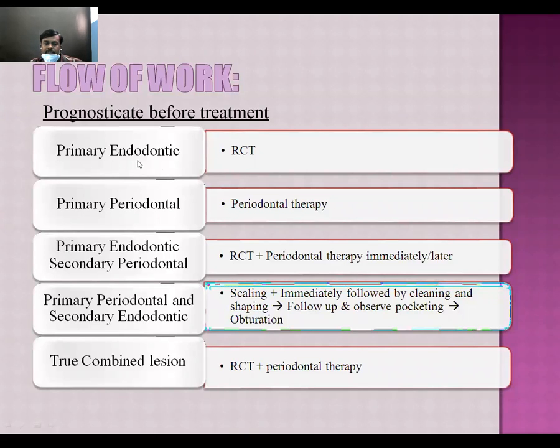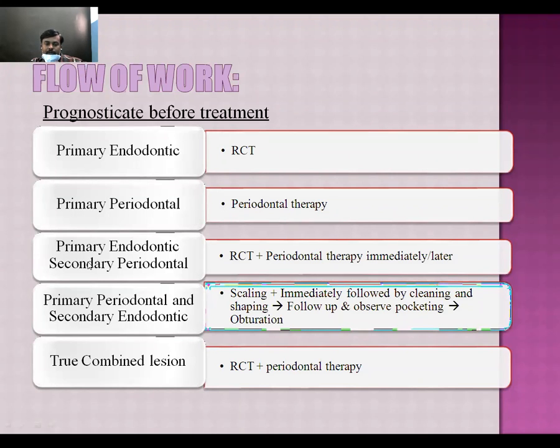If it is a case of primary endodontic, that means there is pulpal and periapical pathology without any involvement of surrounding periodontium, such cases get root canal treatment. If it is primary periodontal, that means there are deep periodontal pockets without pulpal involvement, then such cases should be treated with periodontal therapy.